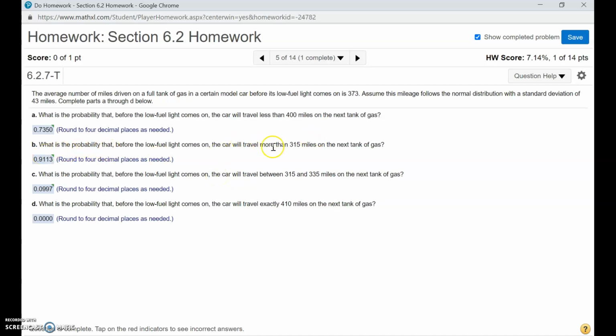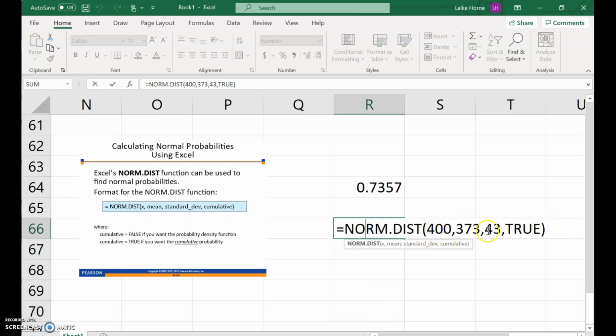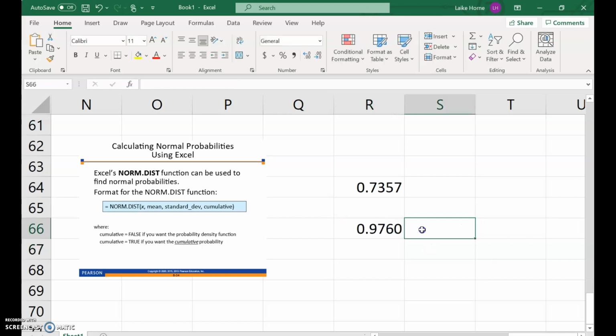All right, the car will travel more than 315 miles on the next tank of gas. So this time, I'm going to leave my formula in, and I'm going to put in 315. And this is going to give me less than 315. So if I want to know more than, I have to use the complement rule.